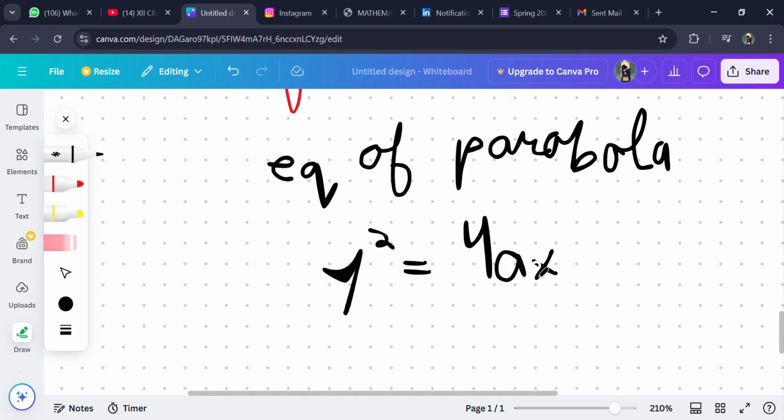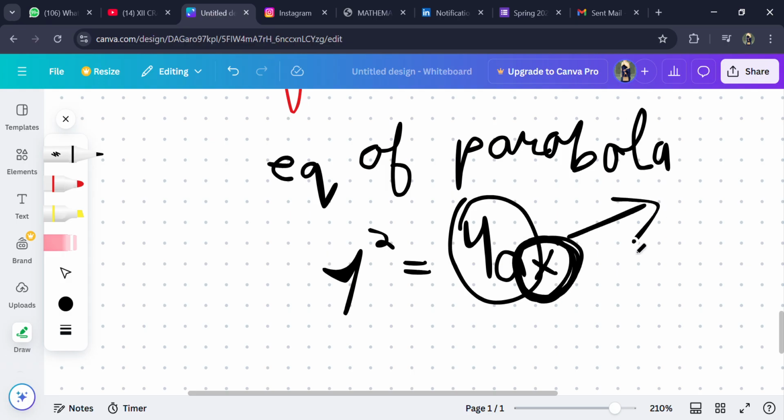Now first keep this in mind. Whensoever you want to find out, by looking into the equation, on which axis this parabola is, specifically if it's an axis-based parabola, how could you find this out? That is, is it on the x-axis or is it on the y-axis? So first you need to find out which coordinate is mentioned with 4a.